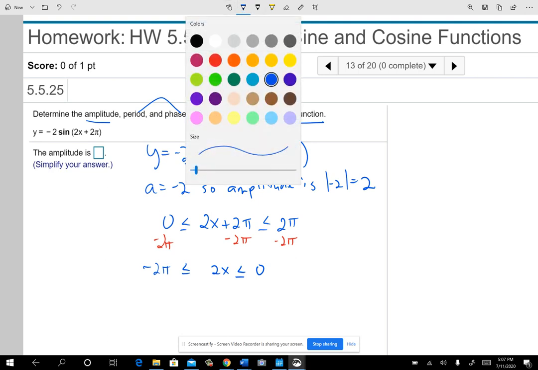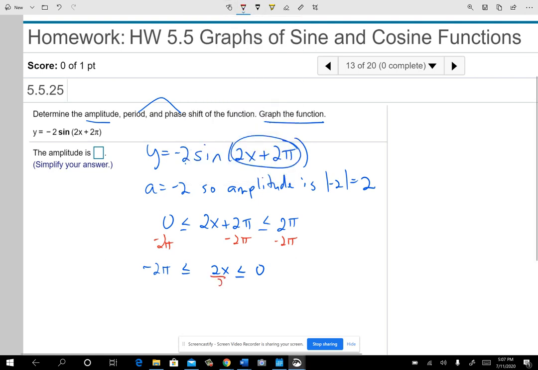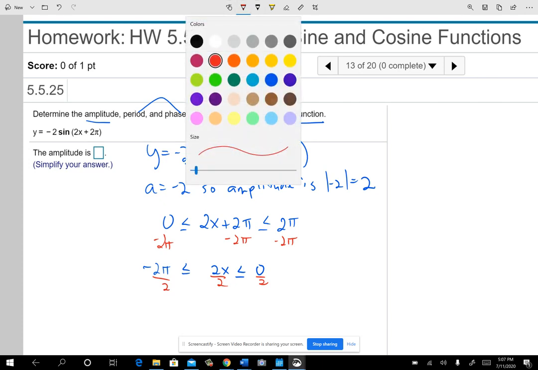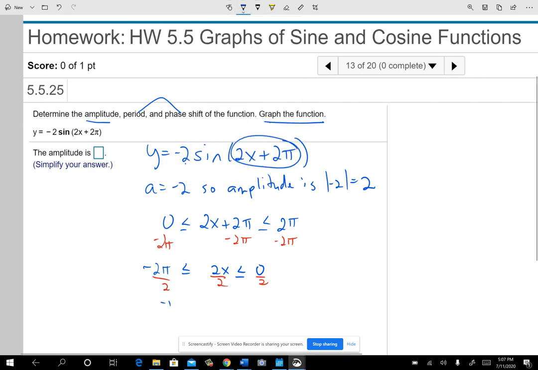Then we have to get rid of the 2, so we divide everywhere by 2, and we wind up with -π ≤ x ≤ 0. So where it used to do everything between 0 and 2π, it now does it from -π to 0.